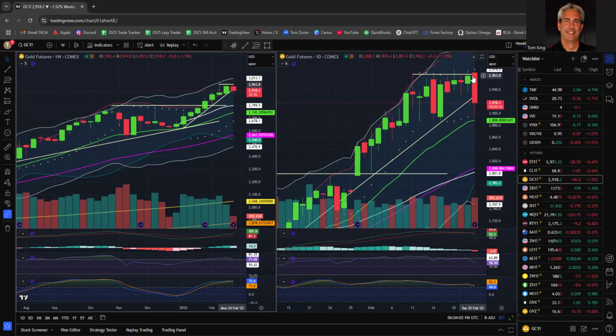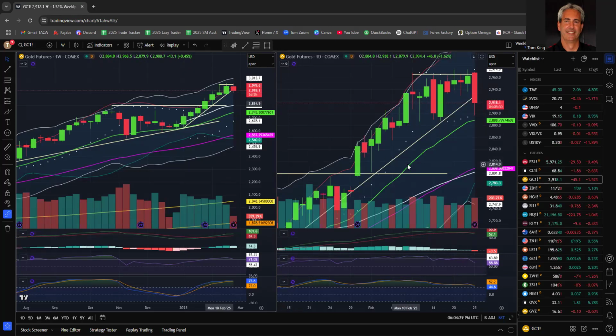We opened up here, we sold off, we've recovered a bit on gold, but we've been overbought, so it's not really a surprise that we're coming down on gold. Our gold trade is now up $405, which is fantastic. So we're playing the fact that gold right now is just meandering its way sideways.